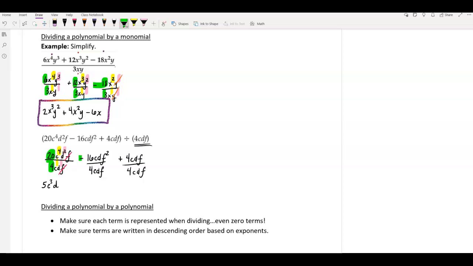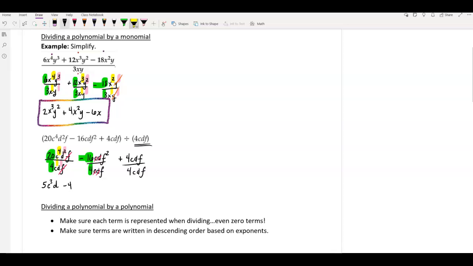Going to our next term, I have negative 16 divided by a positive 4, which gets us that negative 4. My c's have the same, my d's have the same, but now my f's are different.